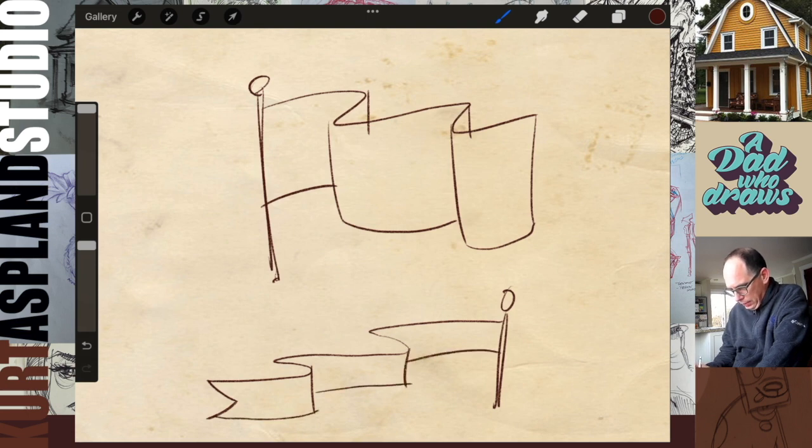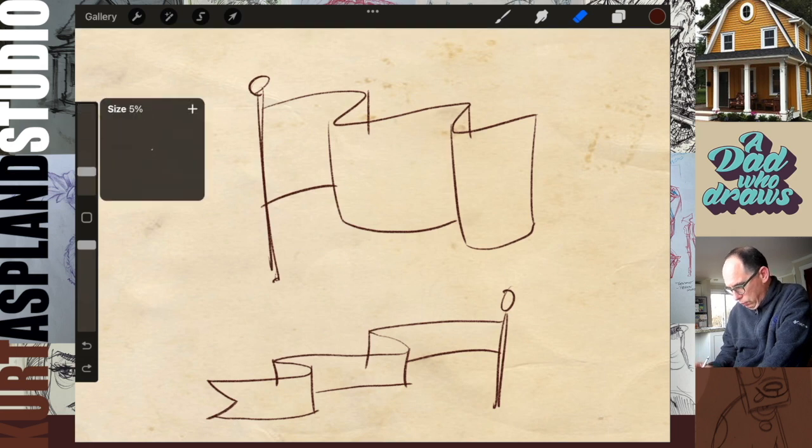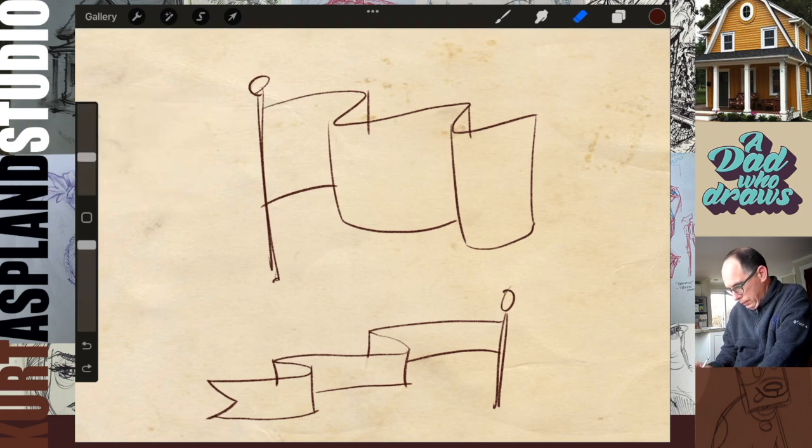And we want to get the back side of that, and I'm just going to erase my line there slightly so there's no confusion of what I'm trying to communicate. We'll get this one up here as well. Okay, so this is how we draw a flag.